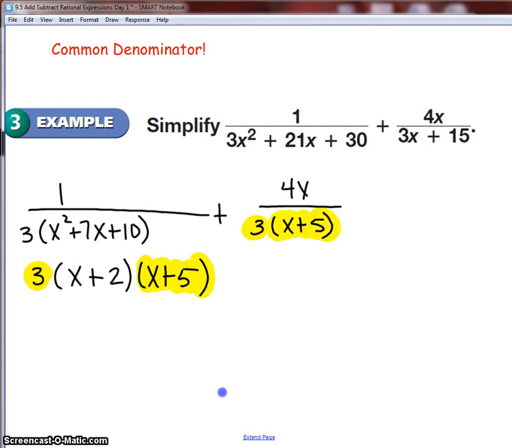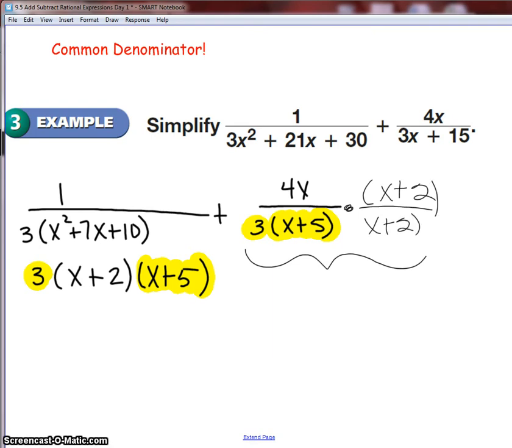And all we need to do is change this one right here to one that has a denominator of also x plus 2. So just like you do when you do common denominators, you multiply by what's missing. So we're going to multiply just this fraction over here by x plus 2 over x plus 2.